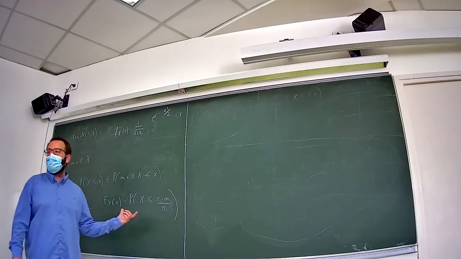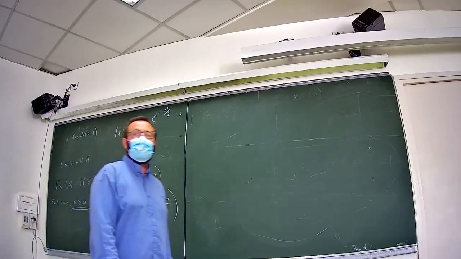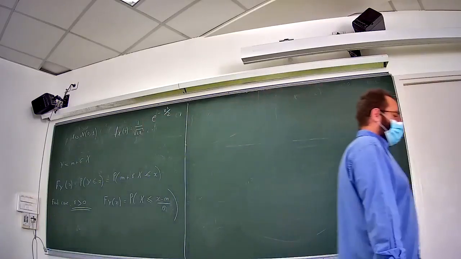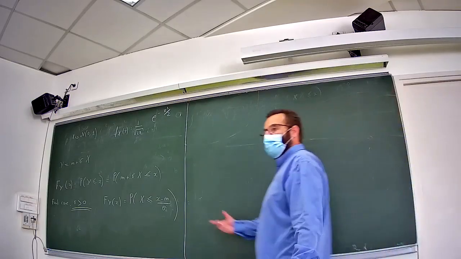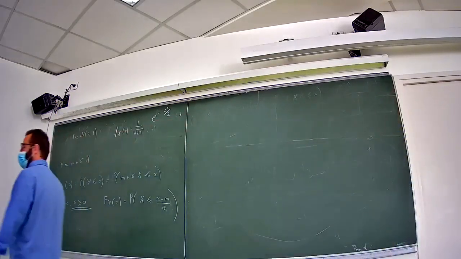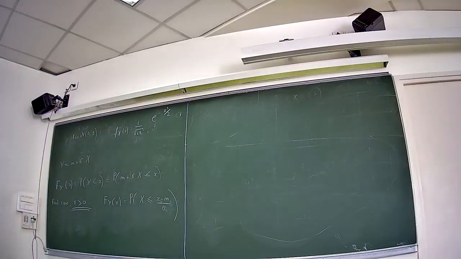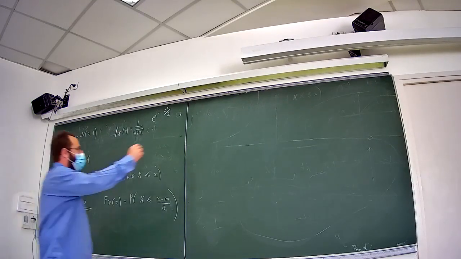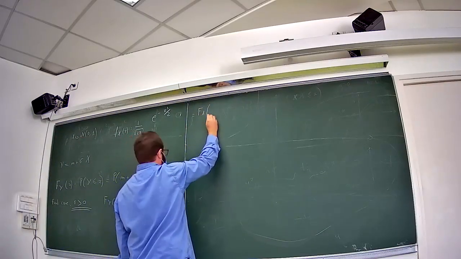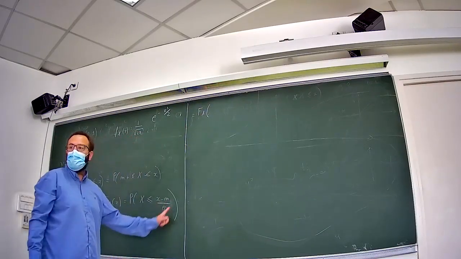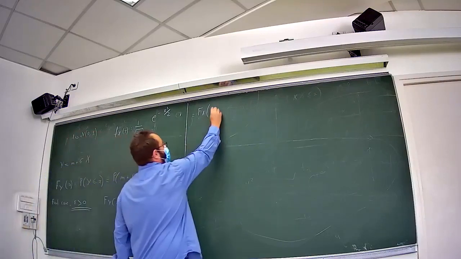I don't change the side of the inequality because my sigma is strictly positive. So when I divide by it, it changes nothing in terms of the side of the inequality. But here, I recognize the distribution function of capital X at a particular point. Okay, so I continue here. It's the distribution function of X at the point, what? At this new point, (x minus m) over sigma.